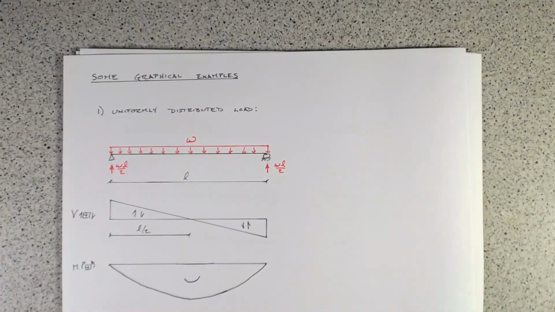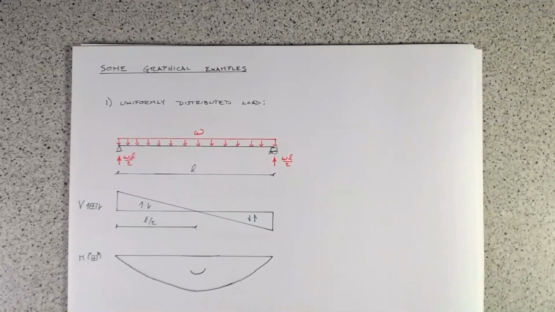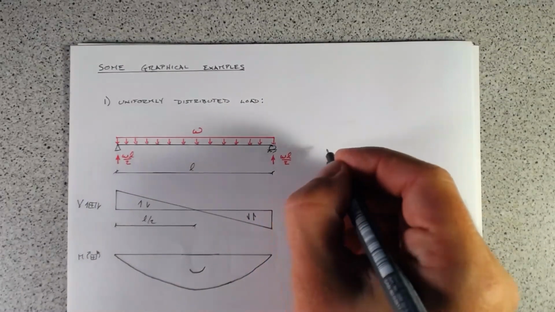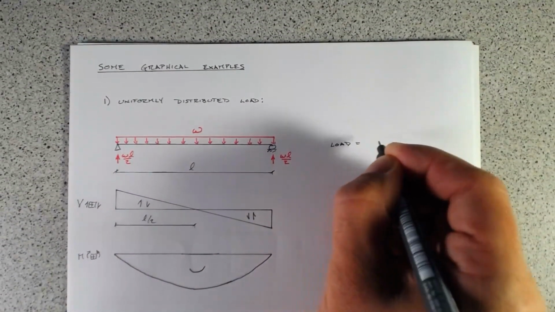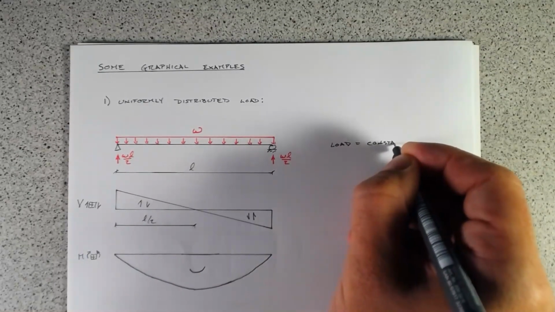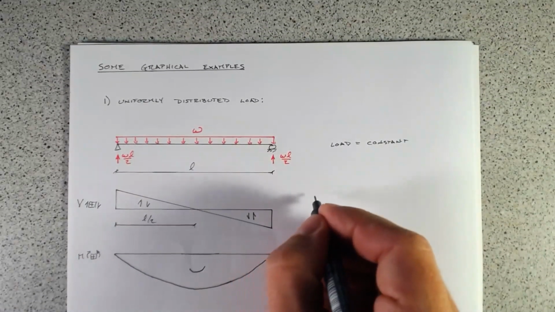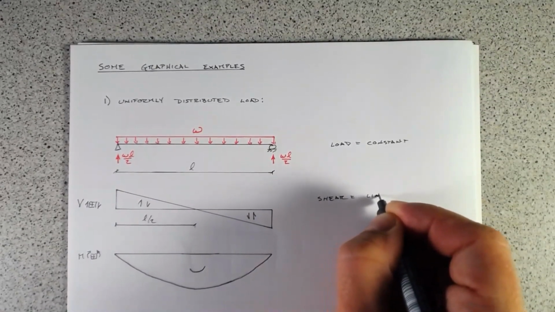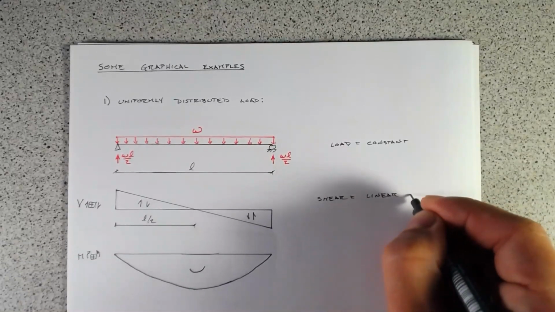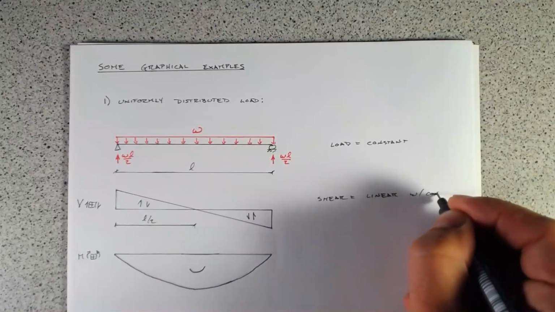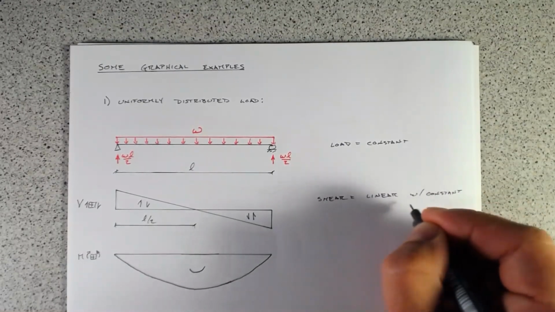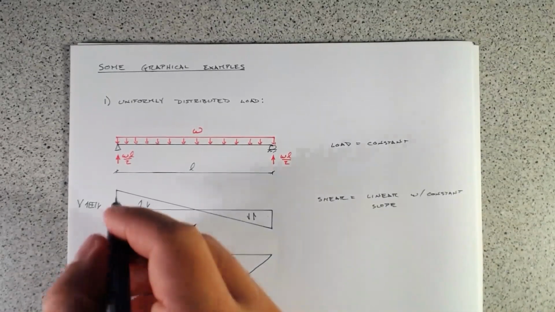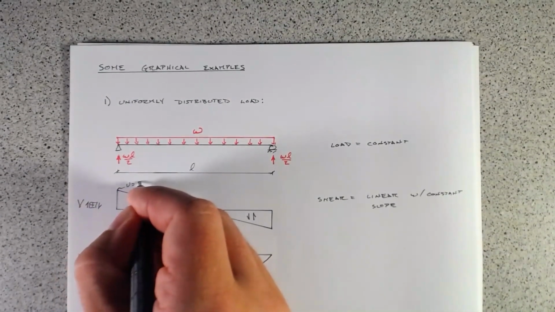The first one we've already had, where we have a uniformly distributed load and a linear shear force. So the load is constant, and shear is linear with constant slope. And V equals the reaction.